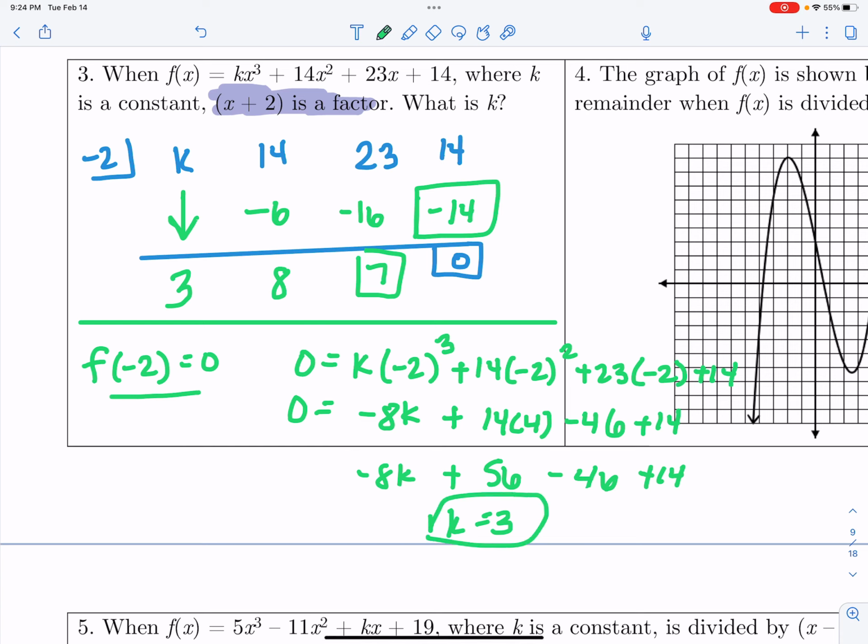There are pros and cons for each method. Pros for this one right here using synthetic is if and only if you have an easy function that you're working with like this.